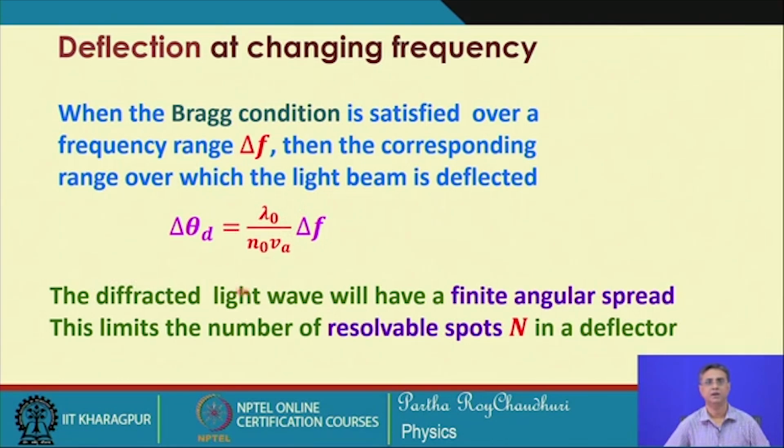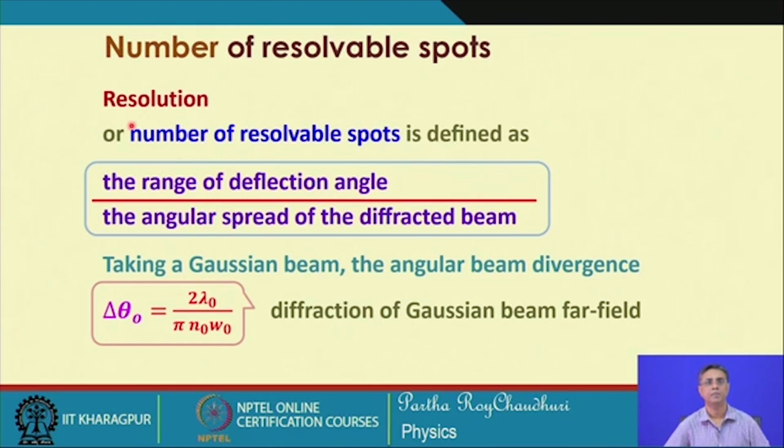The diffracted light wave will have a finite angular spread, and this limits the number of resolvable spots, because the optical beam which will be diffracted through the acousto-optic modulator will have a finite angular spread, and this spread comes from the fundamental divergence of an optical beam, and also the diffraction of an optical beam through a grating type of device.